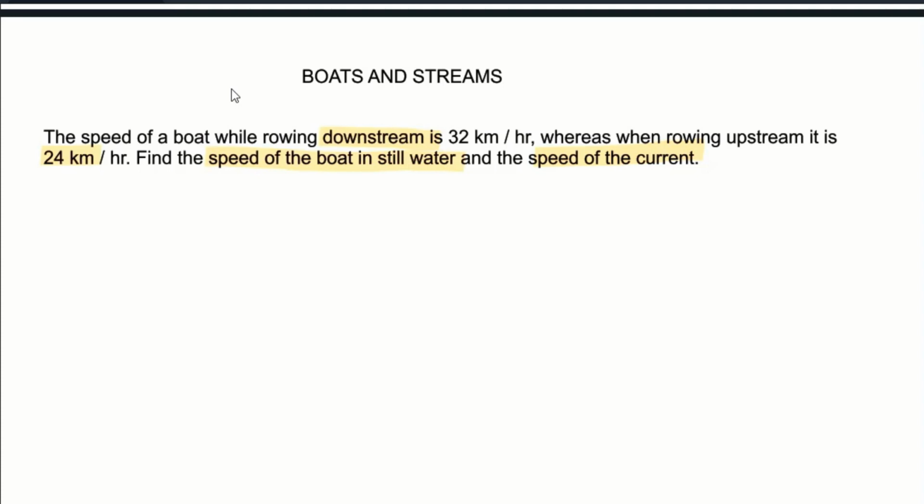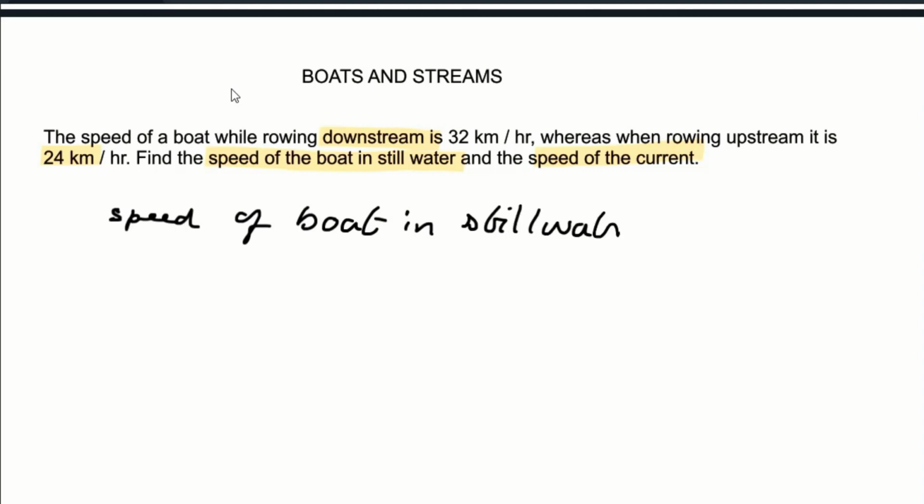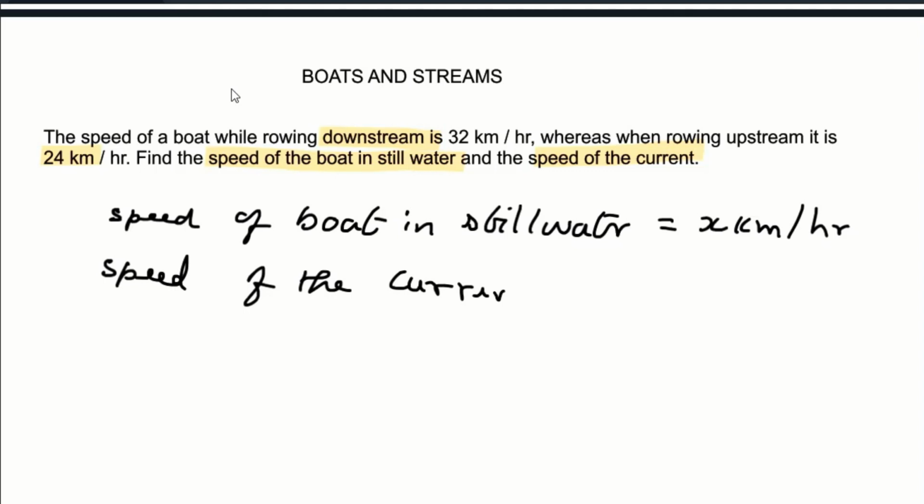As I have just informed, let us assume the speed of the boat in still water is always assumed to be x kilometer per hour, correct? Next, what is the speed of the current? The speed of the current is always assumed to be y kilometer per hour. It is by default, normally we will assume like this. If it is given, it is well and good, we will put the number. If he is asking me to assume it, I will always assume it as x and y.